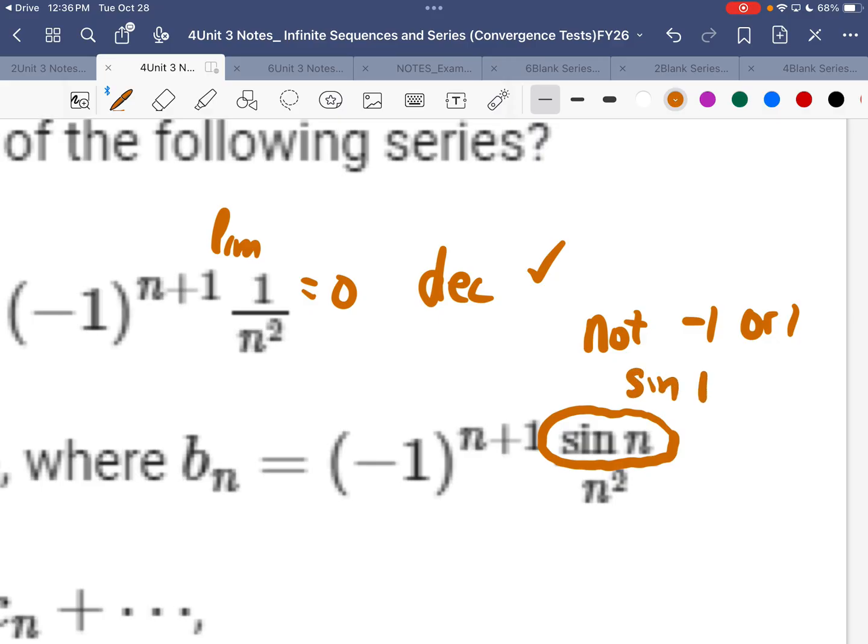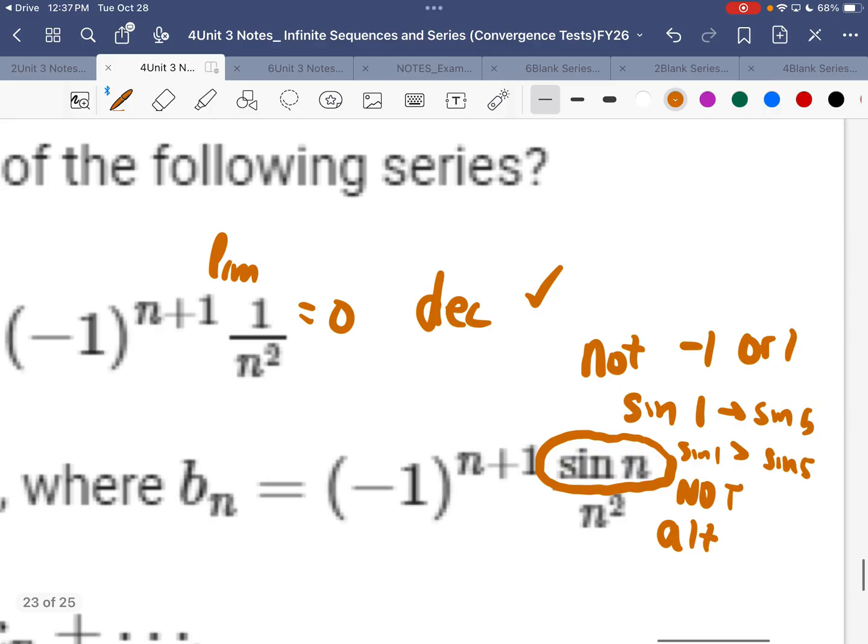You're plugging in sine 1 and then sine 2. But then when we get to sine 5 it's actually smaller than sine 1, and then the denominator would be bigger, and the numerator is not consistent. It's not actually an alternating series.